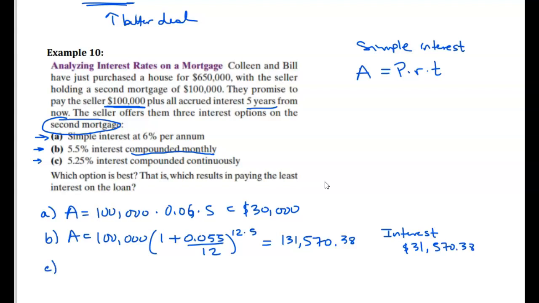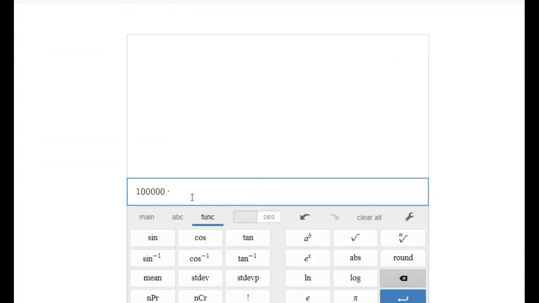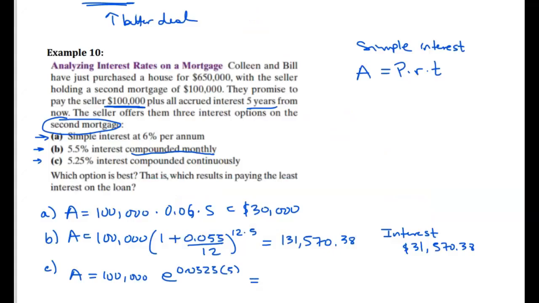5.25% interest compounded continuously. So the amount is going to be 100,000 e to the 0.0525 times the 5 years. Right, so 100,000 e to the power 0.0525 times 5. 130,017.65.